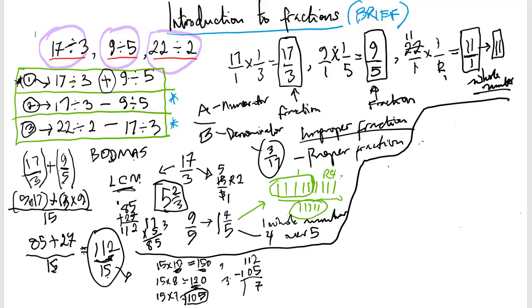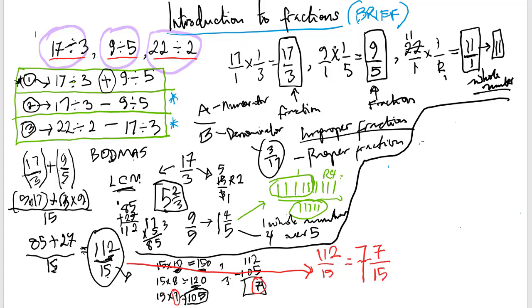Okay, so in solving this matter now, you can say 112 over 15 is equal to, remember we got 7 whole number, then the remainder is 7 over 15. Okay, so that's how we got this.